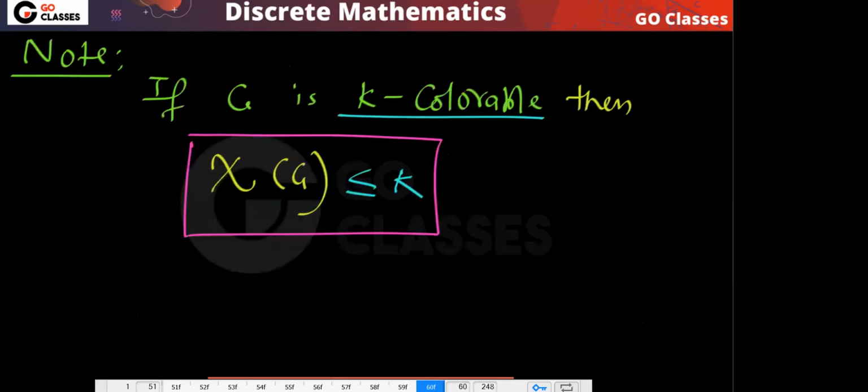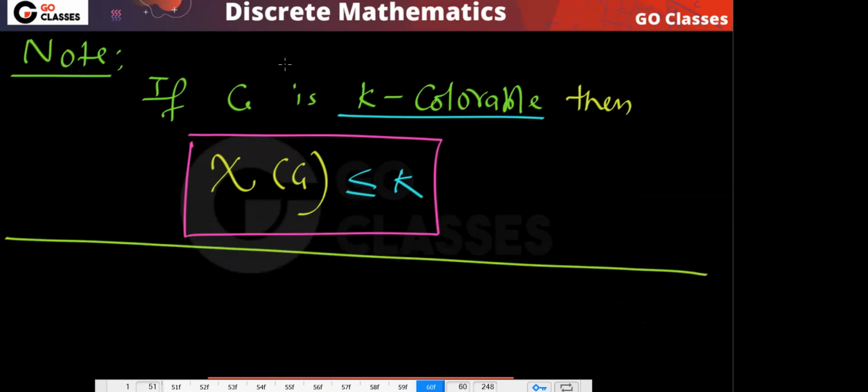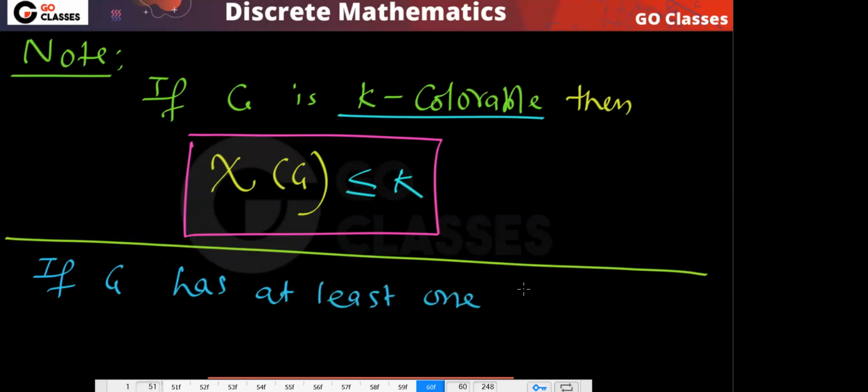Is it clear to everyone? Anyone has any doubt in this? If G has at least one edge, then what can you say about the chromatic number?